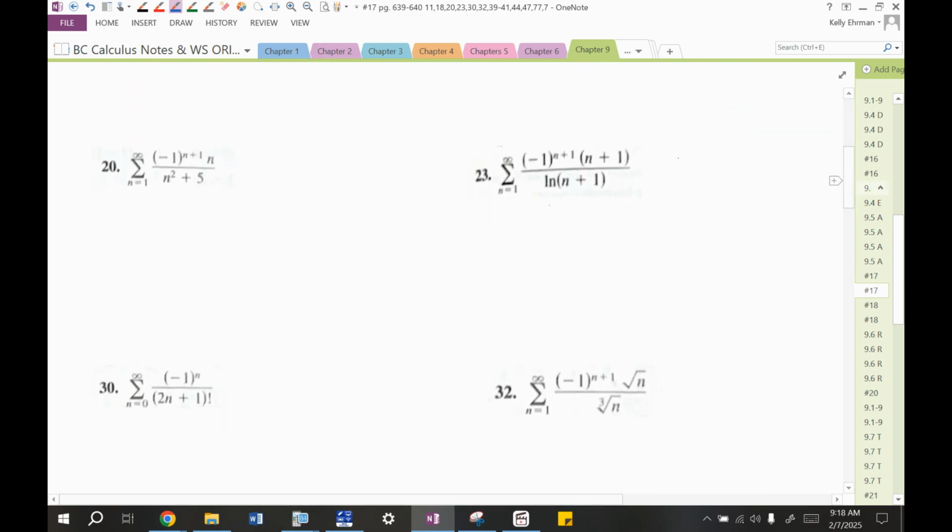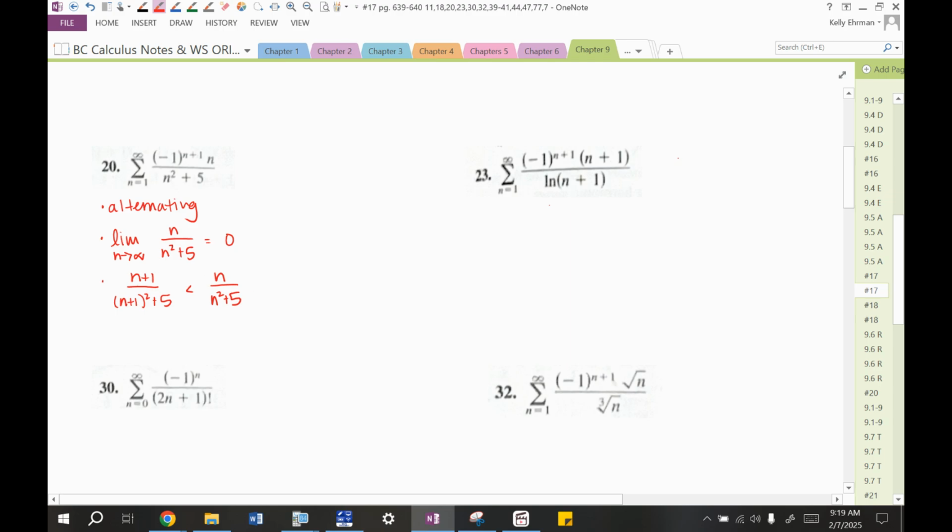For number 20, these terms are alternating. The limit as n approaches infinity of n over n squared plus 5. This is still bottom heavy, so that limit is 0. And if you plug in n plus 1, you would get n plus 1 on top over n plus 1 squared plus 5, and that's less than n over n squared plus 5.